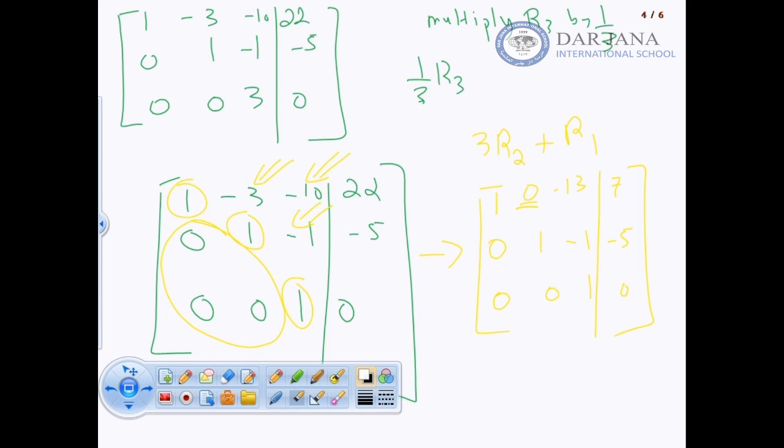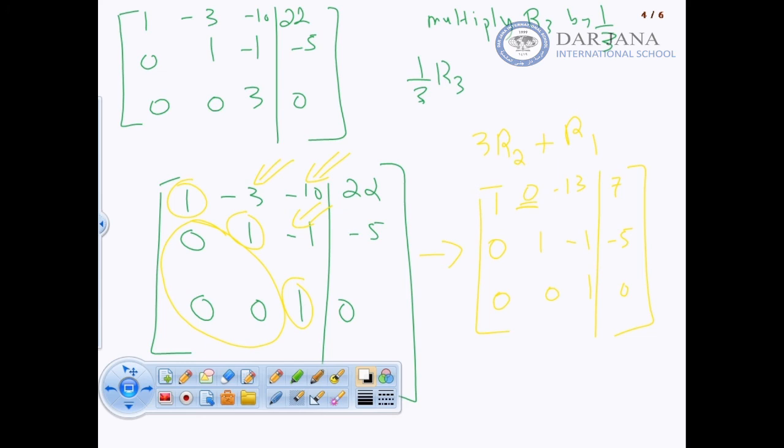What I'm going to do is also very simple. I'm going to multiply R3 by 13 and add it to R1.